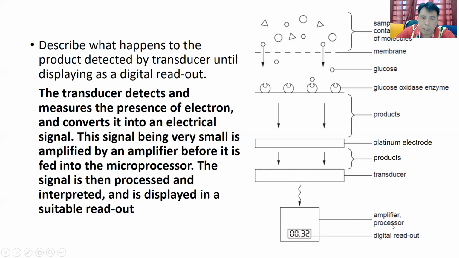The microprocessor processes and interprets the signal and displays it in a suitable readout. So here we discuss the function of the transducer, the amplifier, the microprocessor and the readout all together.